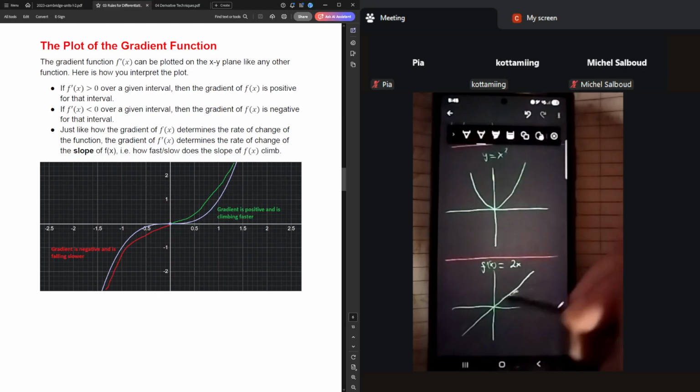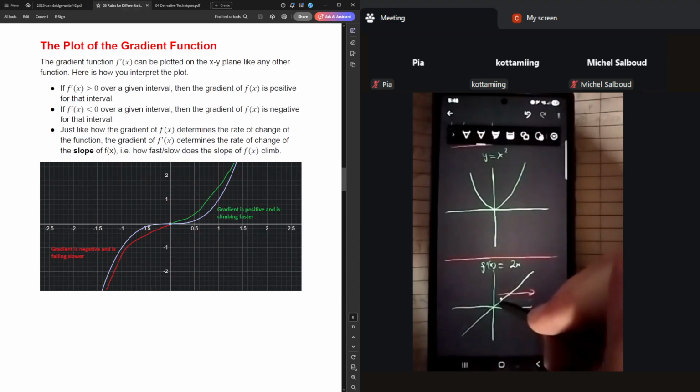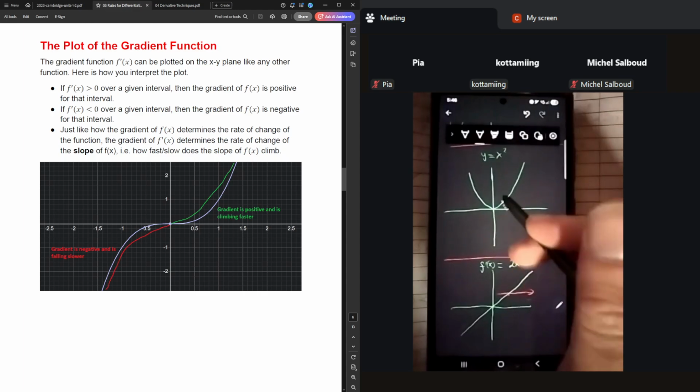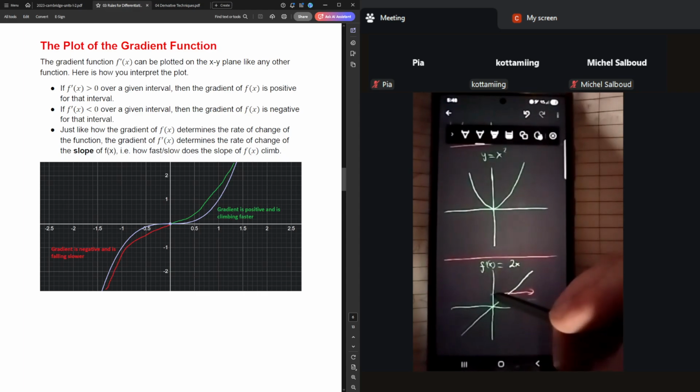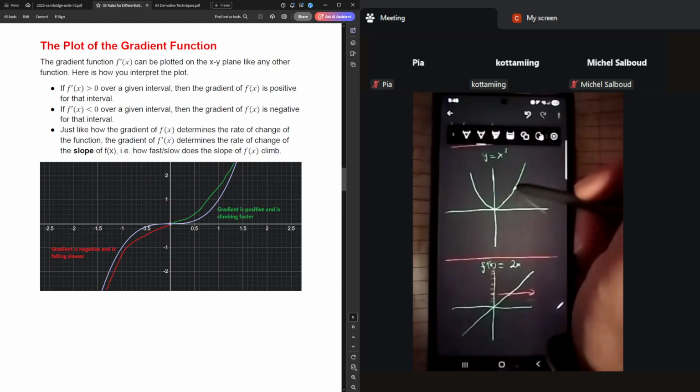So looking at this, I should be able to tell that anything on this side of the graph is all positive gradient of the original, because it's all positive y values, right? This is the positive section of the y-axis, so we have positive gradient. And sure enough, that's what we have, right? These are all positive gradients.